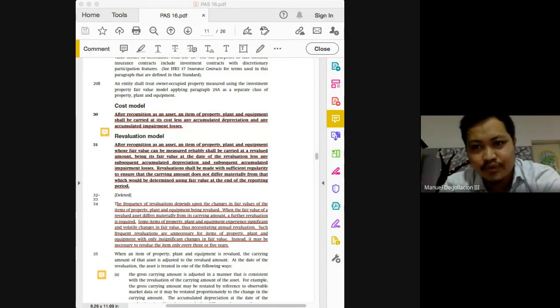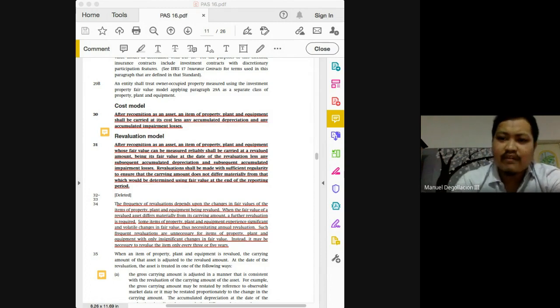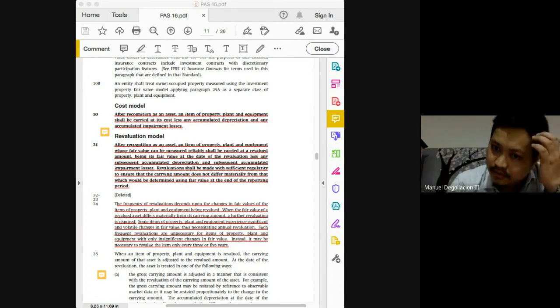That happens in both the cost model and the revaluation model. The issue here is from what amount will the depreciation and impairment be deducted. Okay, so under the revaluation model class, every time there is a revaluation, again you will have to change.